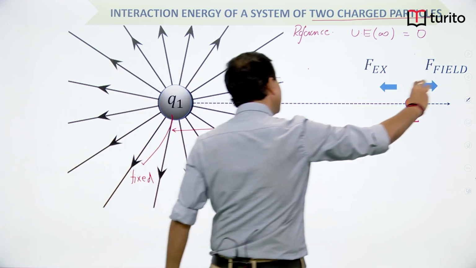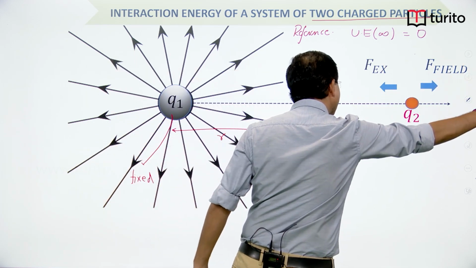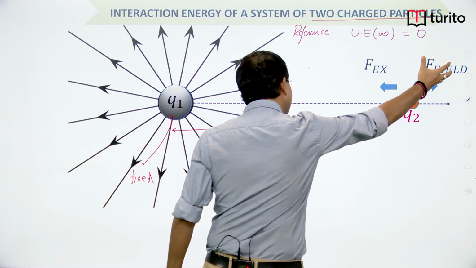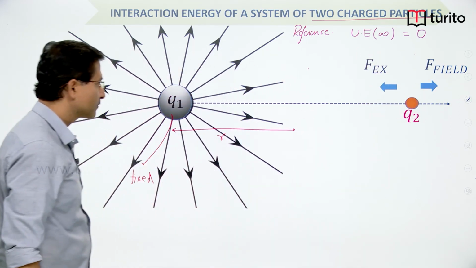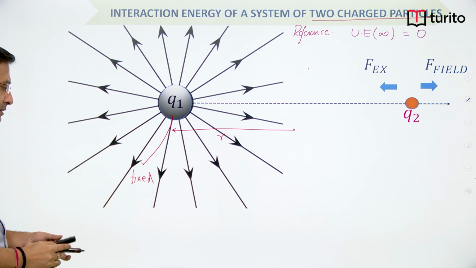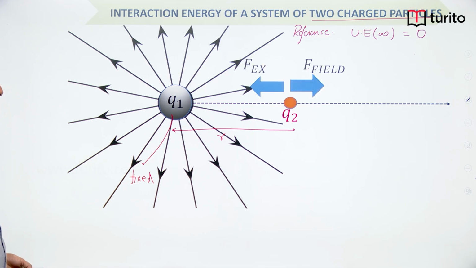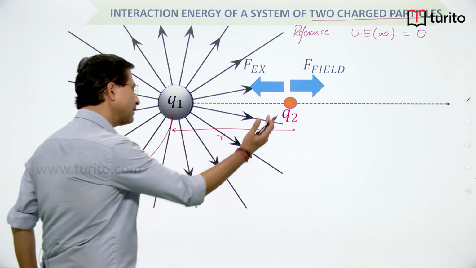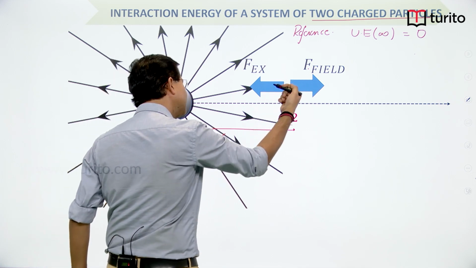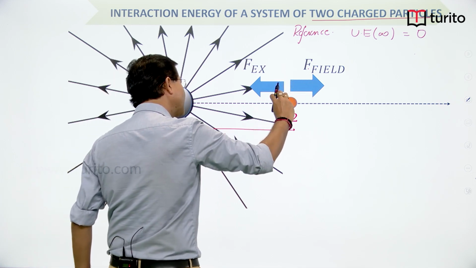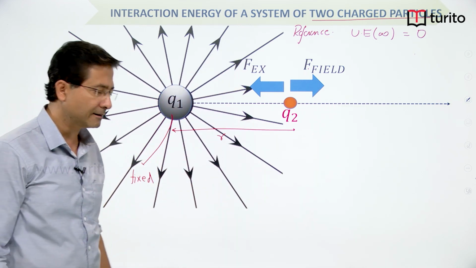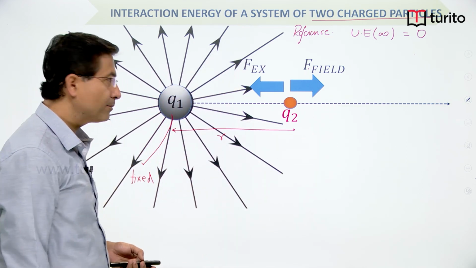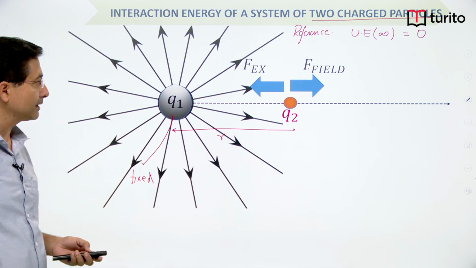When it goes to infinity, this force becomes 0, and at that time your external force is also 0. Let us see once again. I am applying force in this direction, my force is a little less than this one, so that it will allow the particle to go in the forward direction without any appreciable change in kinetic energy.